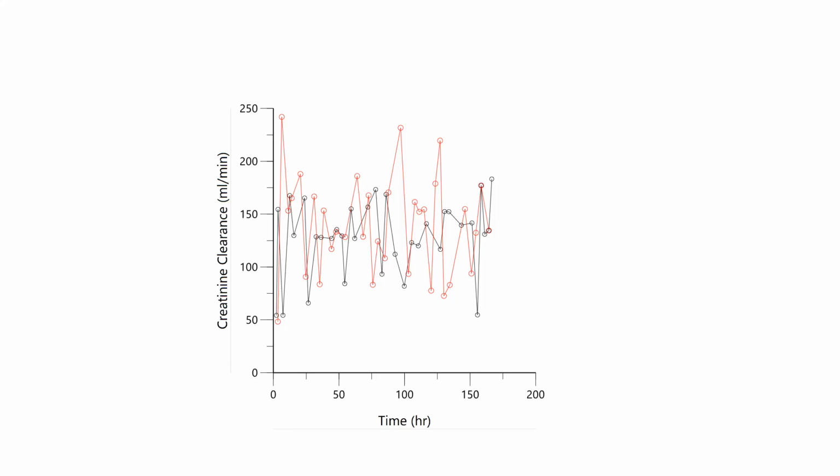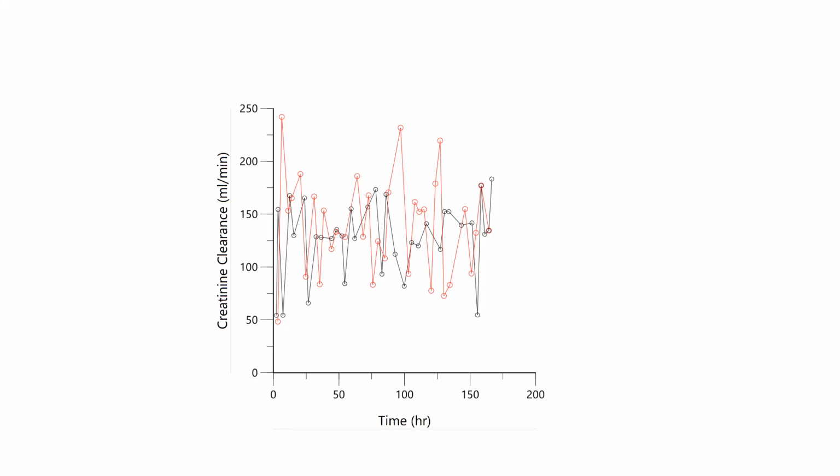So what I have used interchangeably here is creatinine clearance, assuming that the concentration was 1 microgram per mil in the plasma, or that this is simply the creatinine excretion rate.